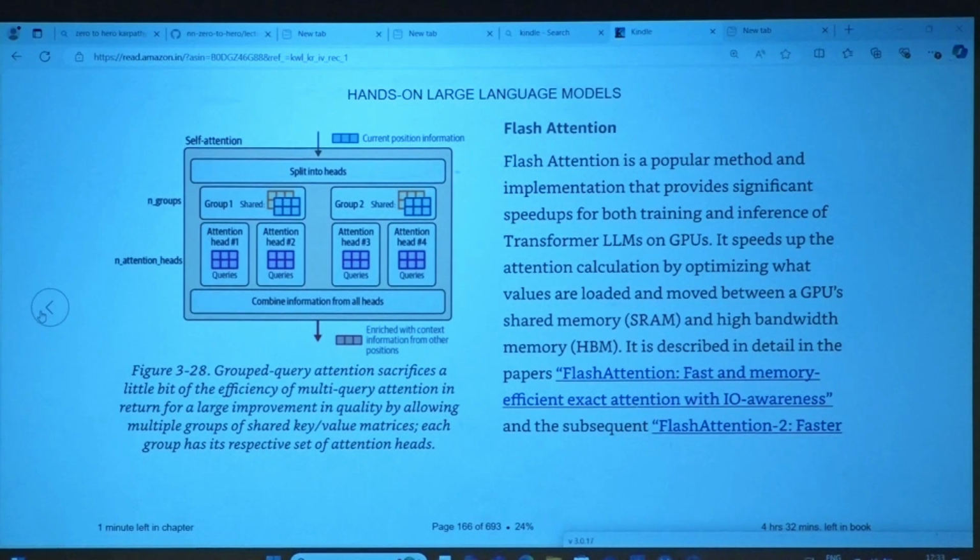It accumulates knowledge and then shrinks back. That is how feed forward works. It's a very simple network. And then there are normalization layers in between. Okay. So this, in short, is the transformer.